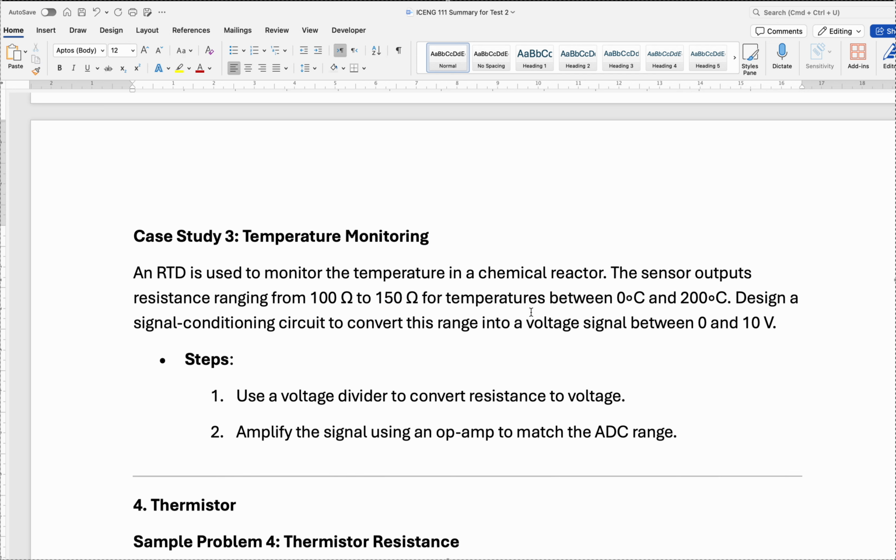Now the only thing that I don't have here is the alpha. So I need to know what is the material that I have for the RTD, so that I know the thermal coefficient. So I would guess that I have this information. Design a signal conditioning circuit to convert this to a voltage signal. Now, to convert it to a voltage signal, I have two things here.